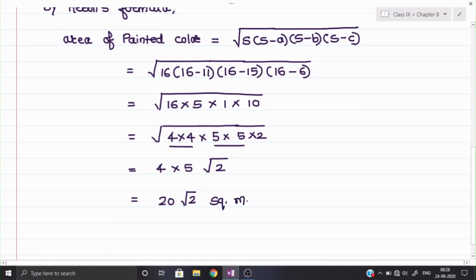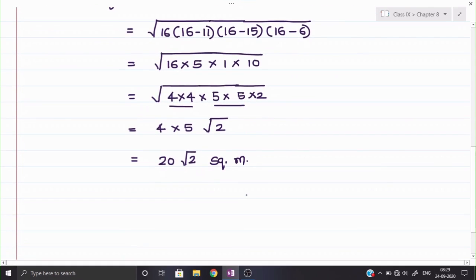Now in the examination sometimes you should write the answer in decimal, that is expected. So if you wish to write the same answer in decimal, or suppose it is instructed in the examination to write the answer in decimal, then we can proceed a little further. 20 we will keep as it is, and we know the value of root 2 is actually equal to 1.414.